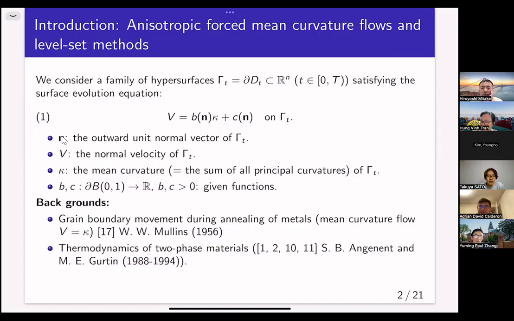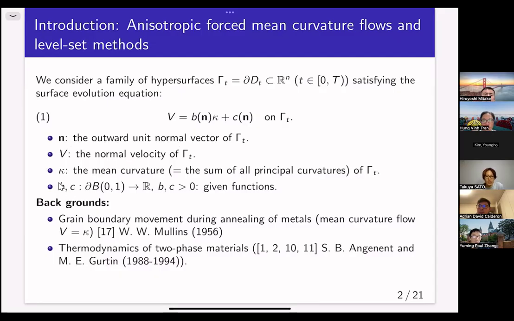And here, this bold-faced n is the outward unit normal vector field of each gamma t, and the v denotes the normal velocity along the direction of outward unit n, and this kappa means the mean curvature, which is the sum of all principal curvature at each point x on surface gamma t.